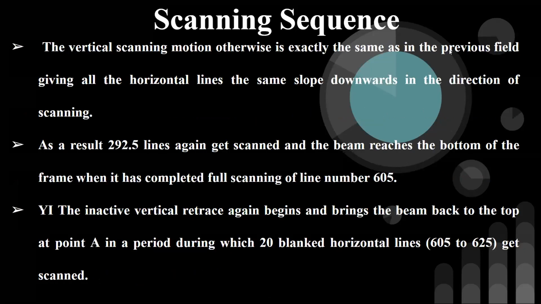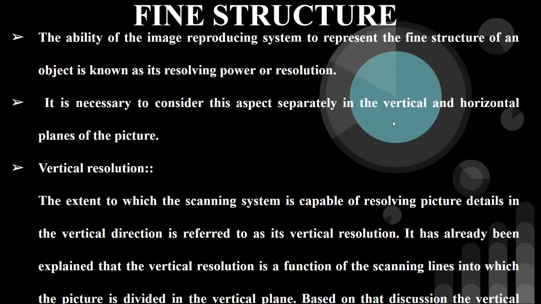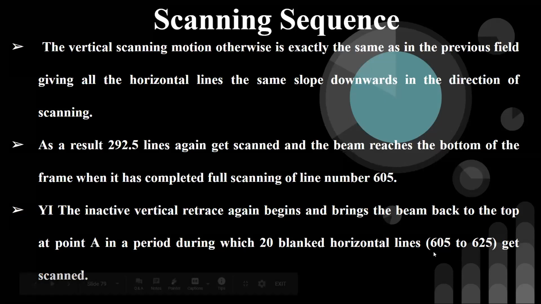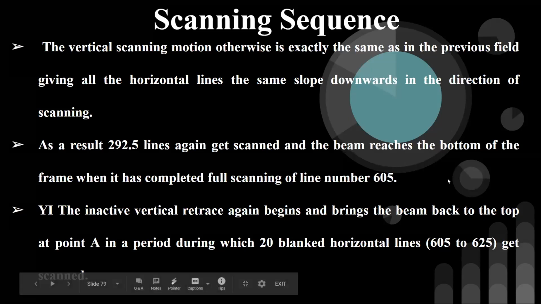So what is the importance of these lines? What is the importance of these lines in that ability? So the vertical scanning motion otherwise is exactly the same as on the previous page. Clear? So as a result, total lines get scanned. The beam reaches the bottom of the frame when it has completed line number 605.